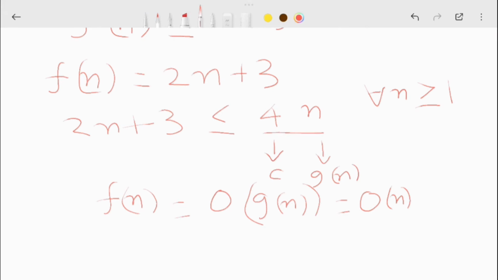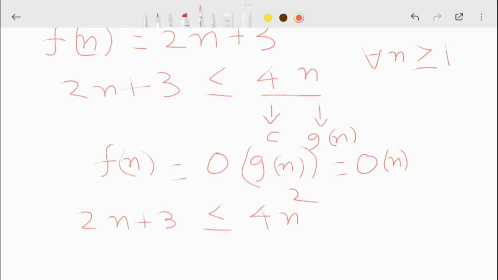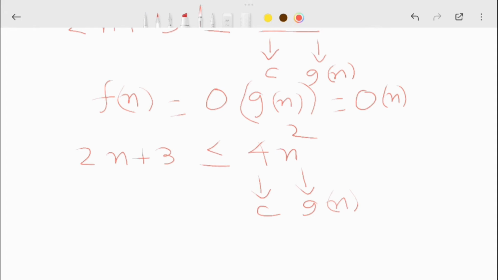We can also say 2n plus 3 is less than or equal to 4n square. This is also true. So we can take C as 4 and g of n equal to n square. So this f of n can also be represented as big O of n square too. This is also true.